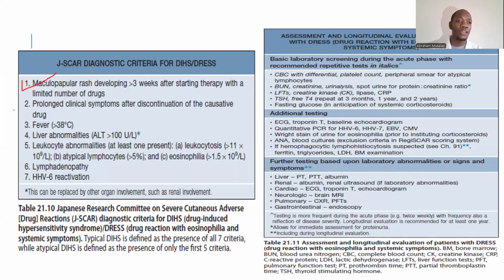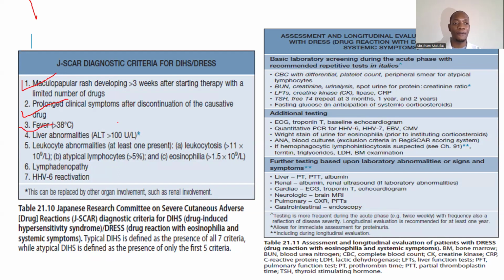And then 2, someone has prolonged clinical symptoms after discontinuation of the causative drug. So as I told you earlier, since this is a delayed hypersensitivity reaction, when you trigger the immune response, it will continue to occur even when you stop the drug. Then someone should have systemic symptoms, and one of them is a fever of above 38 degrees Celsius.